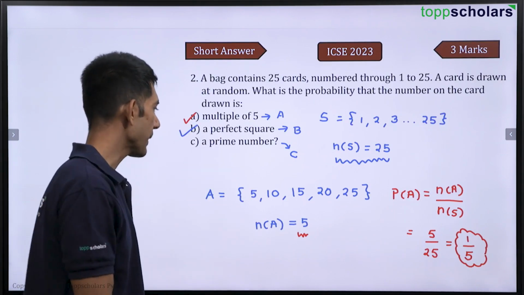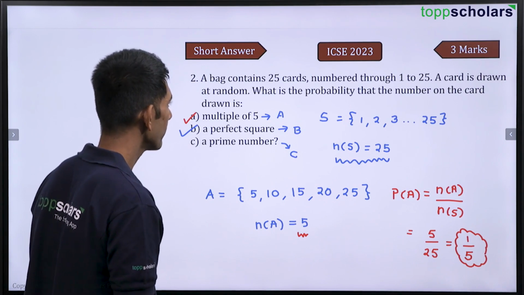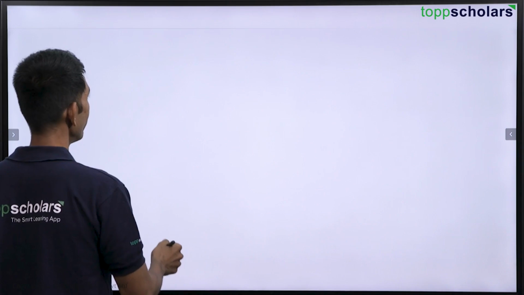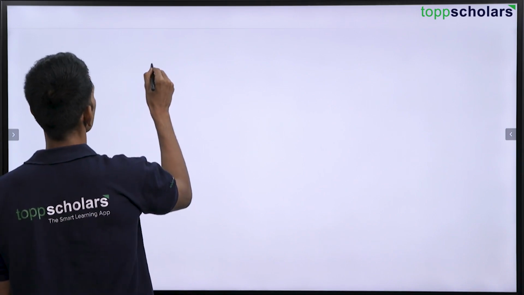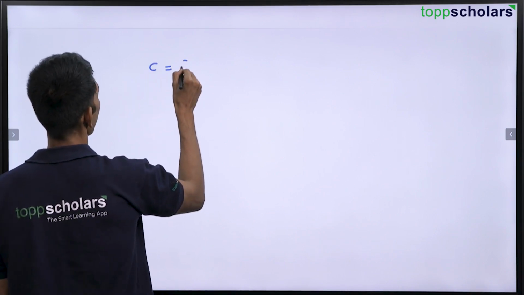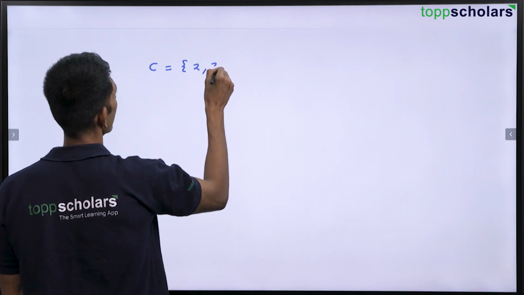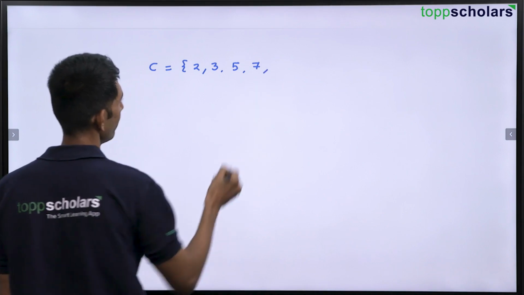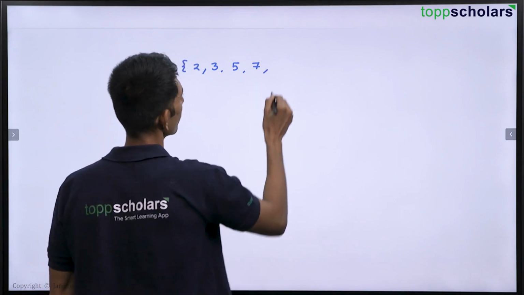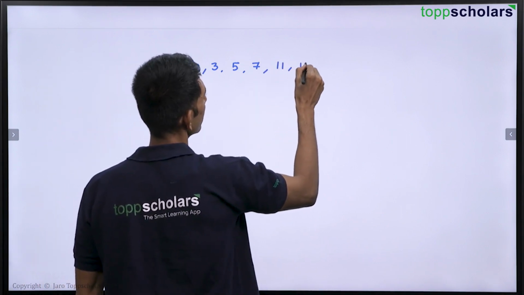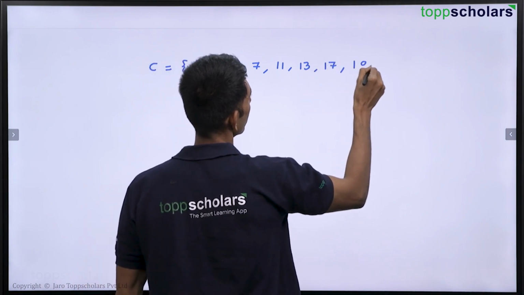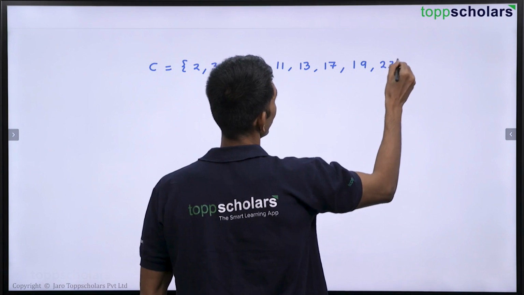Then let's talk about prime numbers. So C is an event of getting a prime number. So from 1 to 25, how many prime numbers are there? So if my event C is an event of getting prime numbers, I'll have 2, 3, 5, 7, 11, 13, 17, 19, 23.